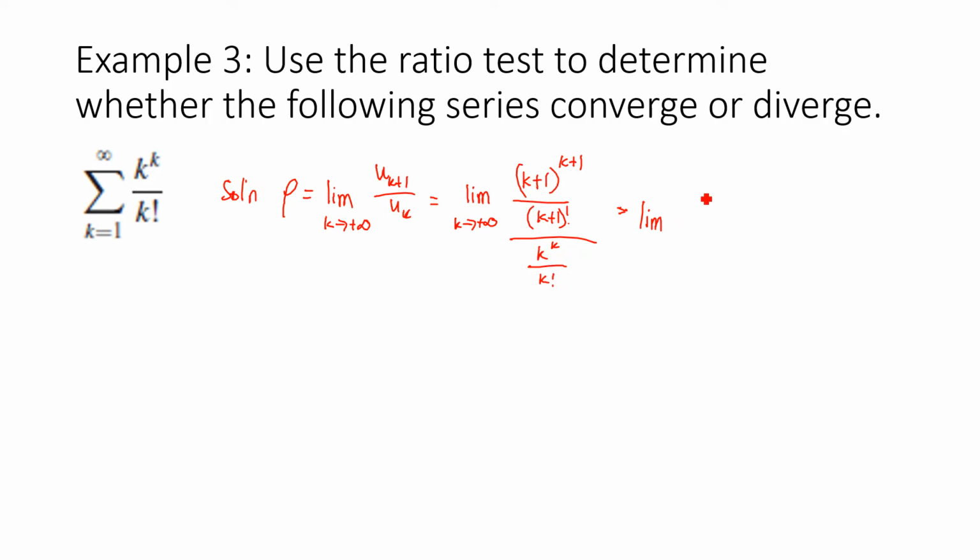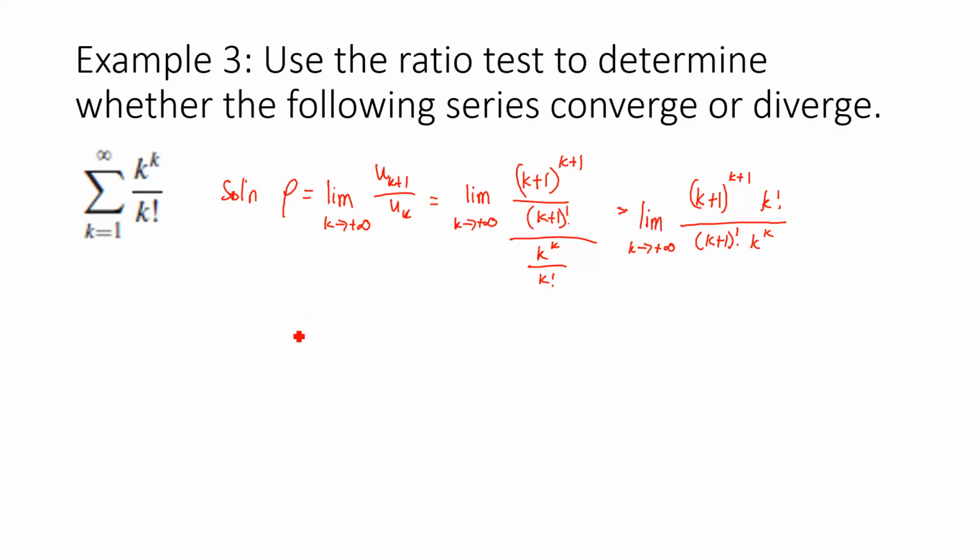So you have k plus 1 quantity raised to k plus 1 multiplied by k factorial, all over the quantity k plus 1 factorial times k raised to k as k approaches positive infinity.